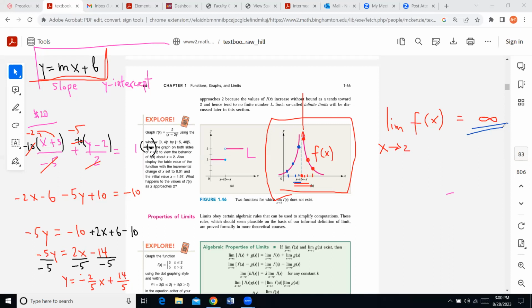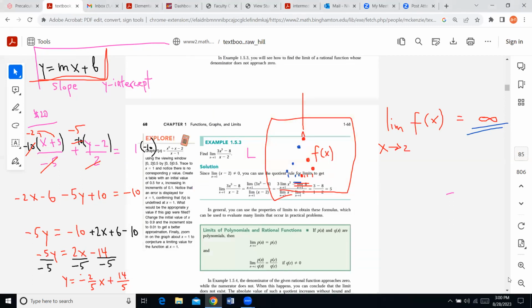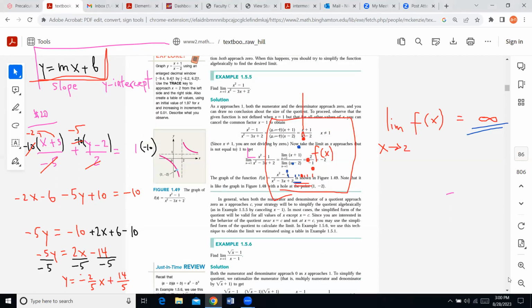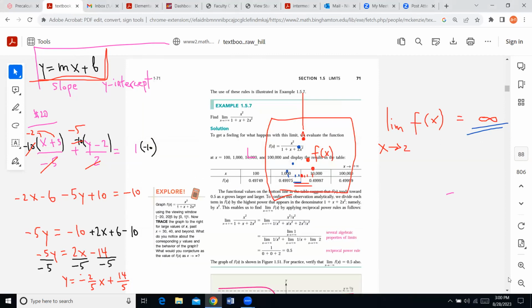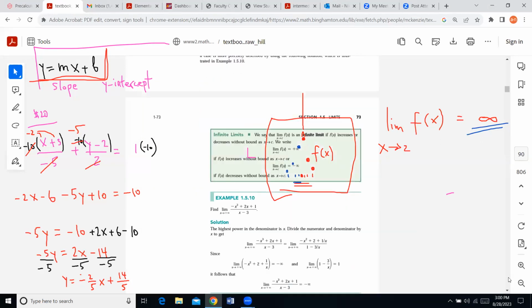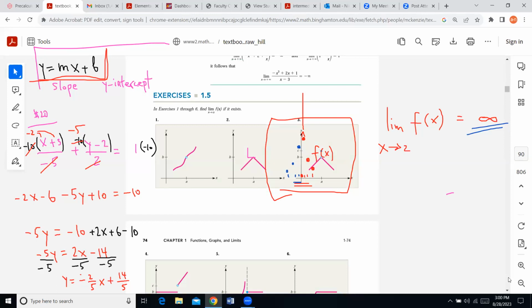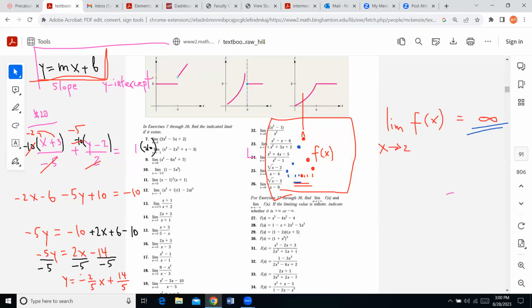Well, how about if I try more exercises here, and I will just go to the actual exercise set at the end of this section and start to get used to this idea of what happens with my function when something happens with the value of x.